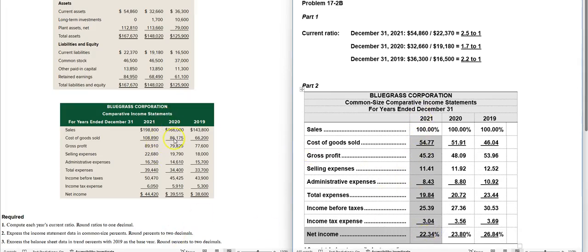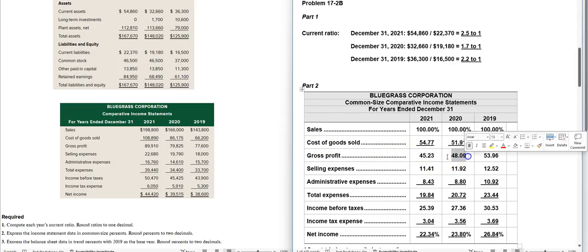I'm going to do the same thing for 2020. Sales is my base amount. I'm going to divide cost of goods sold by sales. Cost of goods sold is 51.91% of total sales. Gross profit divided by total sales, 48.9% of sales.